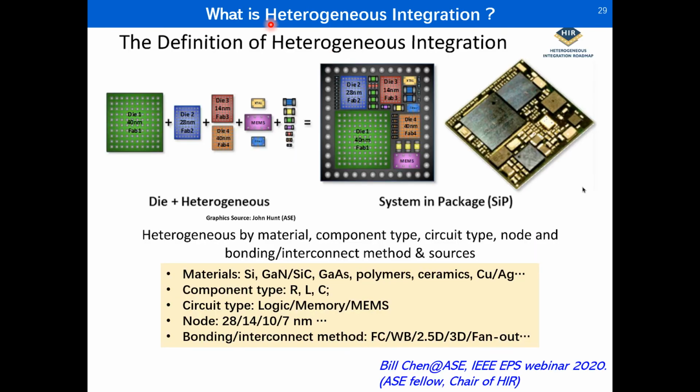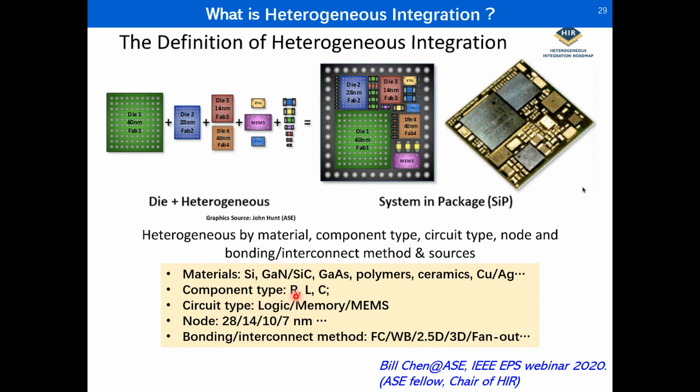So, what is heterogeneous integration? Bill Chen of ASE gives a definition: to integrate dies and many heterogeneous components into a system in package. It is heterogeneous by materials. You may have silicon, gallium nitride, gallium arsenide, polymer, ceramics, glass, metal, and so on. It may be heterogeneous by component types.